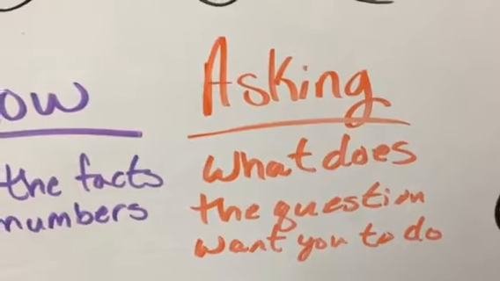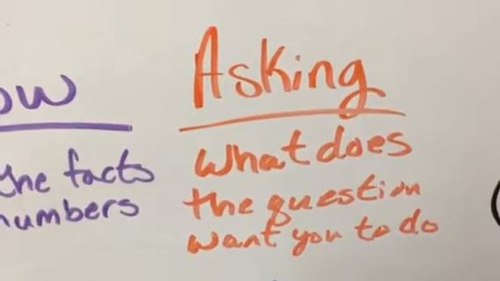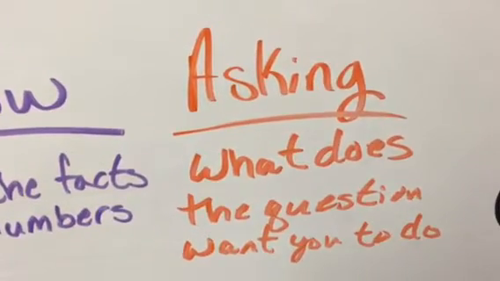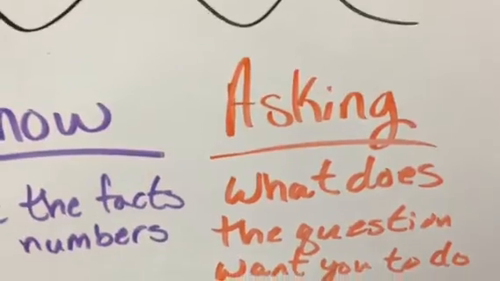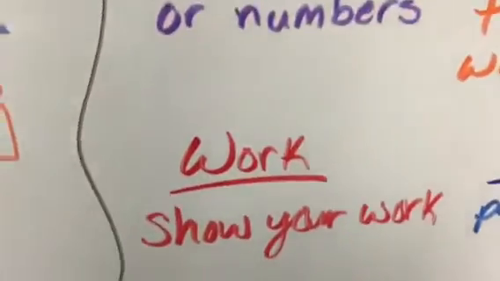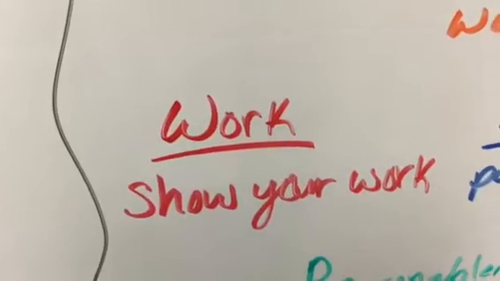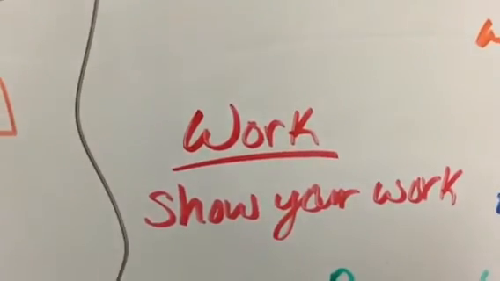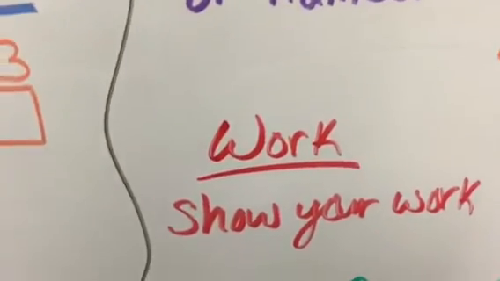Does it want you to find how many are going to be left over? Does it want you to find out how many cabins you would need? Because remember, that's going to be 2 different answers. Then you find a spot to show your work. It's really important you show your work so that I can make sure if it is incorrect, I can find out where it's incorrect and we can work on just that skill rather than starting from the beginning.